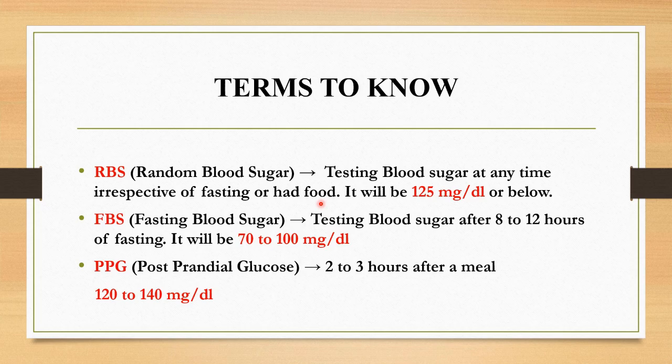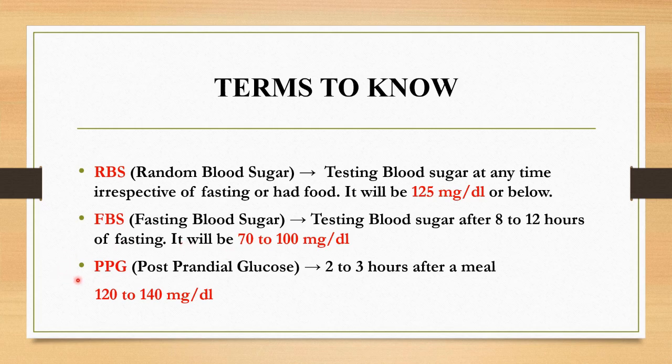The random blood sugar will always be less than 125 mg per deciliter. The second one is FBS, that is fasting blood sugar. Here we are testing the blood sugar after 8 to 12 hours of fasting, that is in the early morning. It ranges between 70 to 100 mg per deciliter.